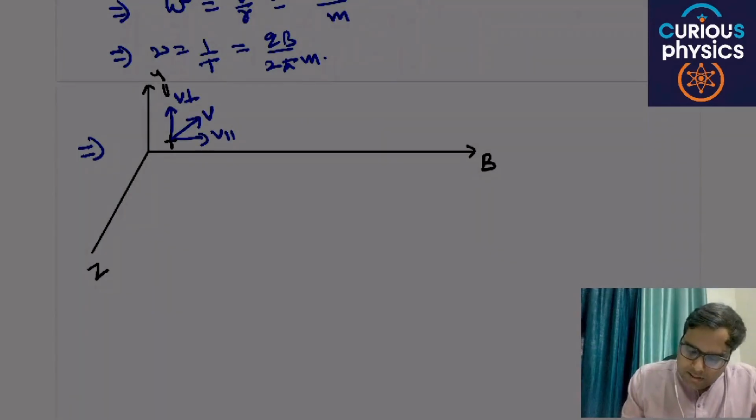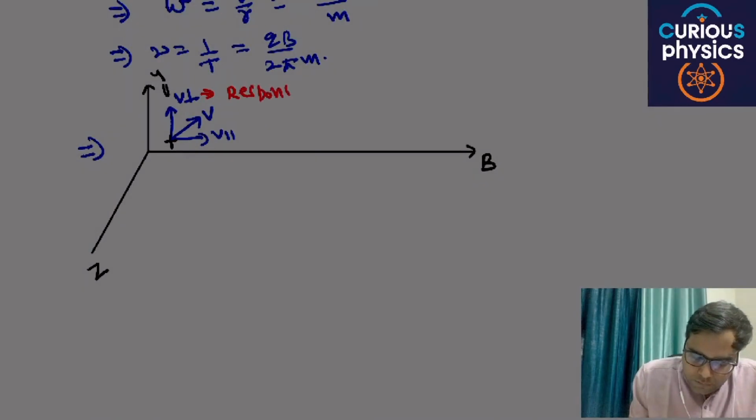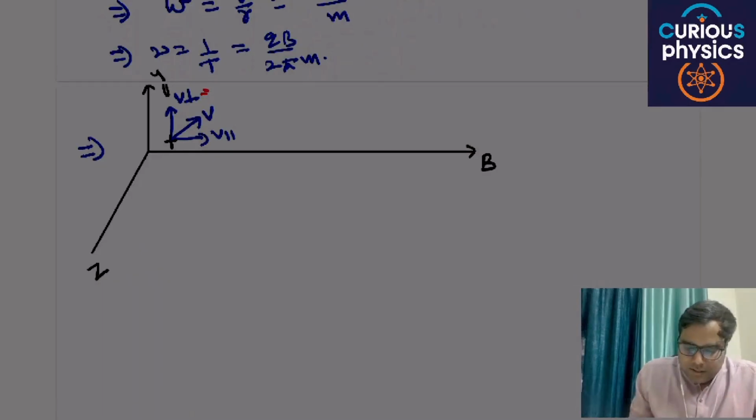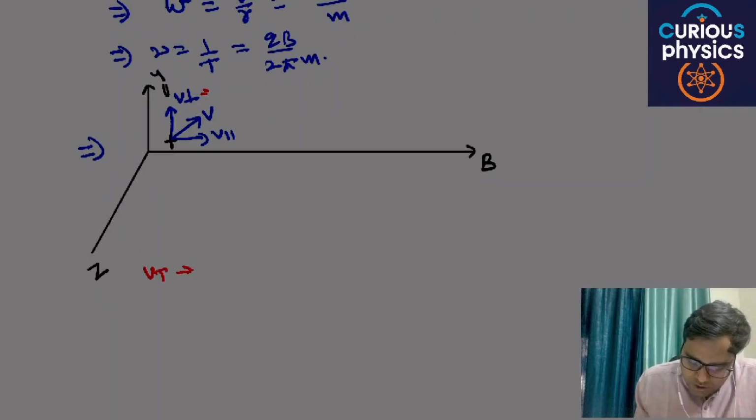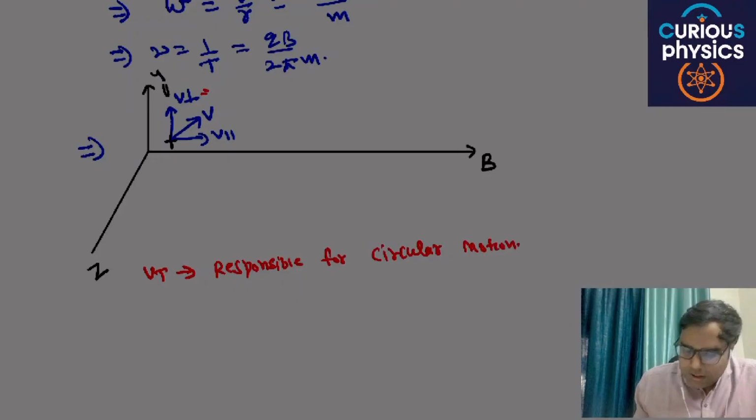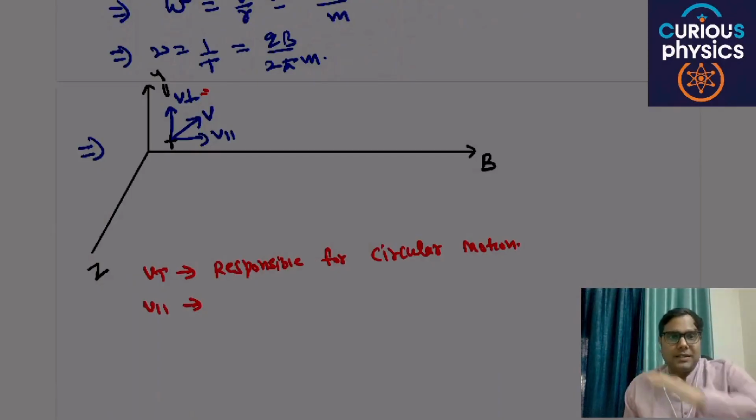In the previous section we derived everything: this particular perpendicular component Vt is responsible for circular motion, and V parallel is responsible for horizontal motion.